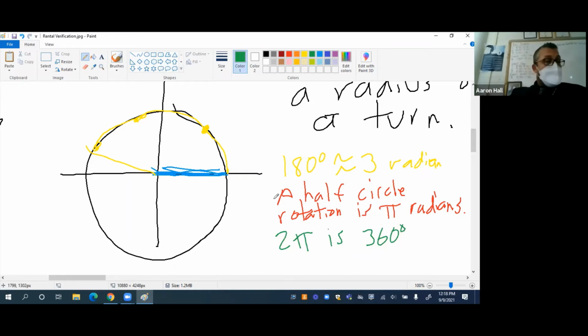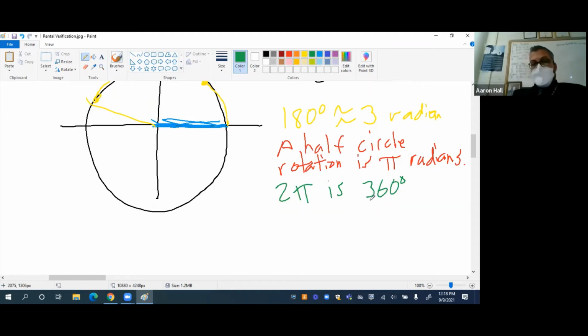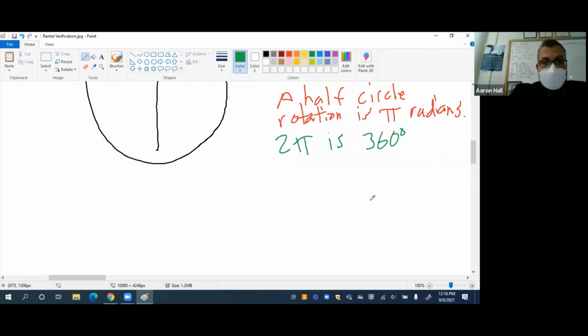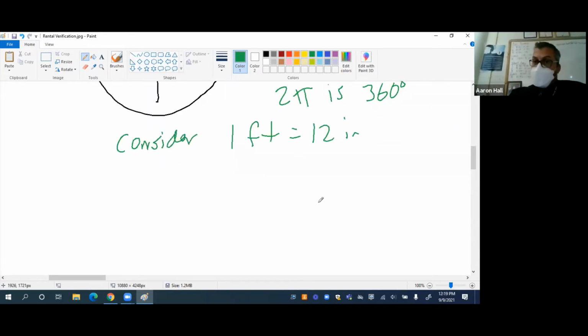So now we have a unit of conversion. Consider that 1 foot equals 12 inches. We have a tool for converting.